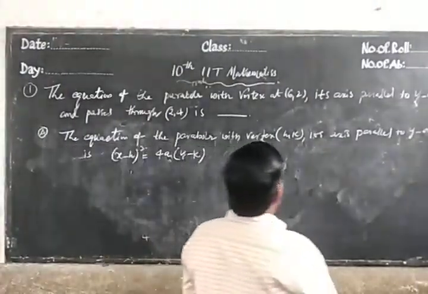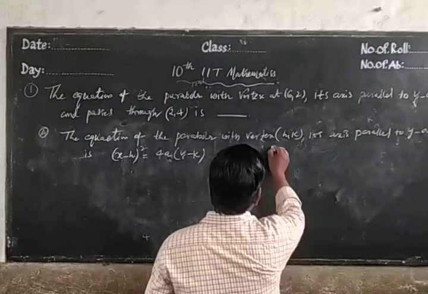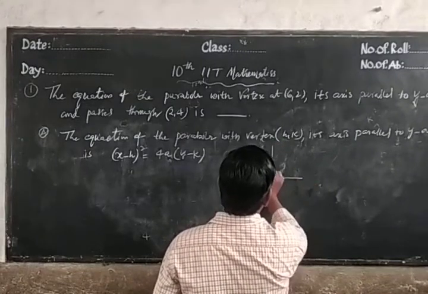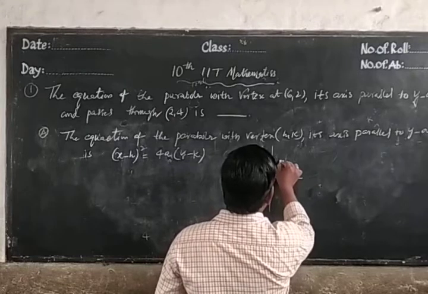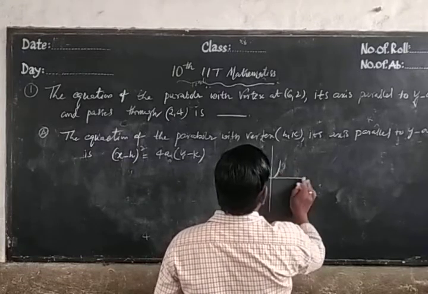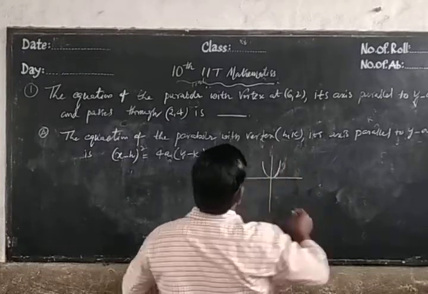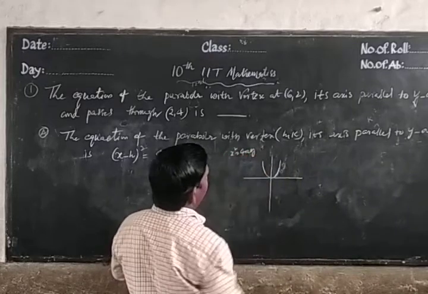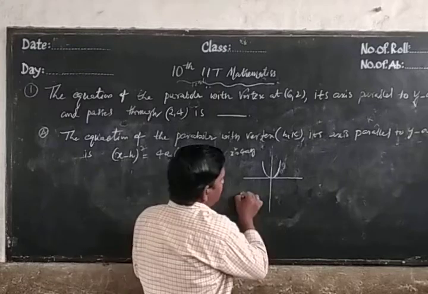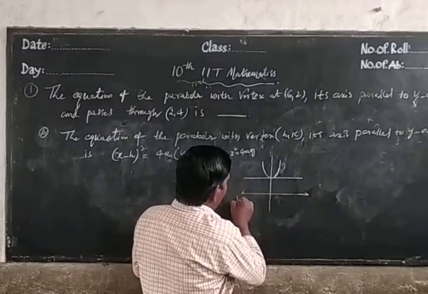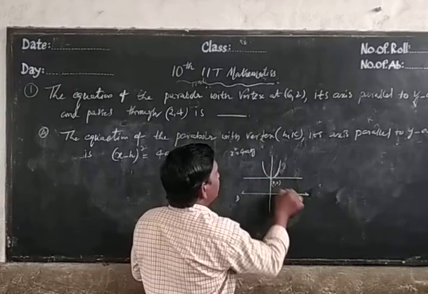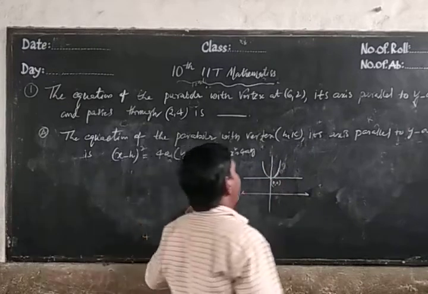Okay, we know that x square equal to 4ay. This is the shape of the parabola. This is the directrix. We know the vertex is at (0, 0).